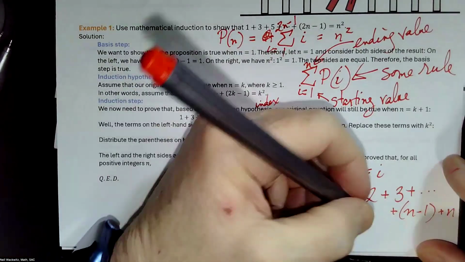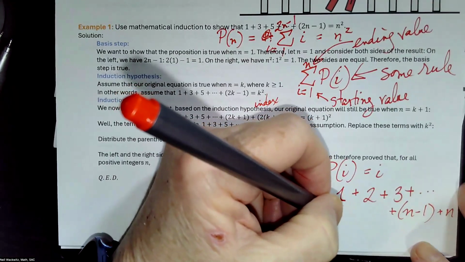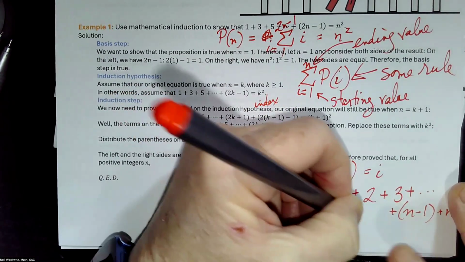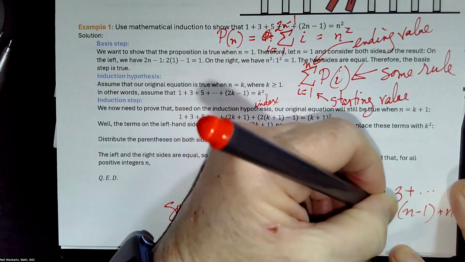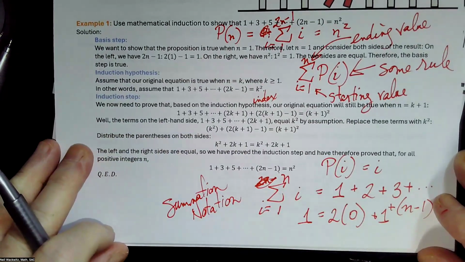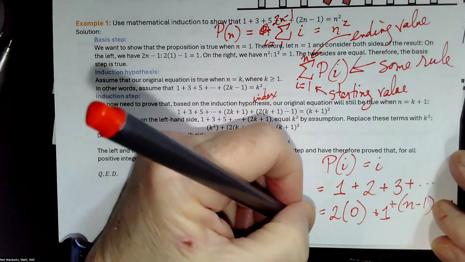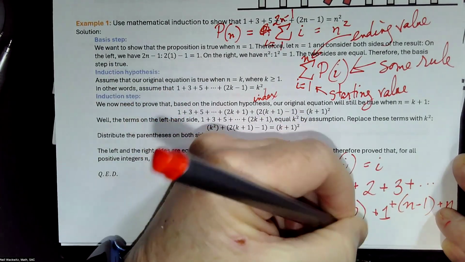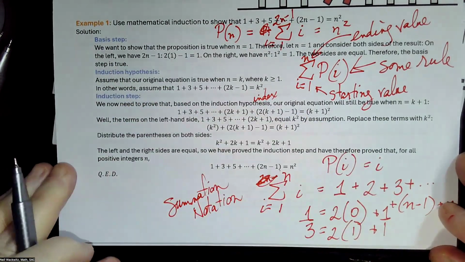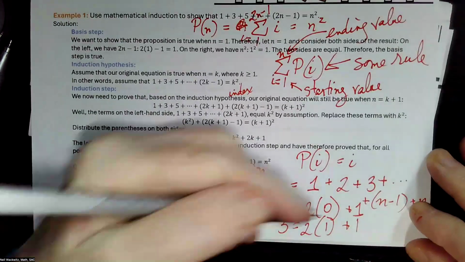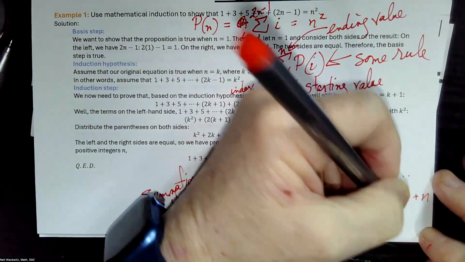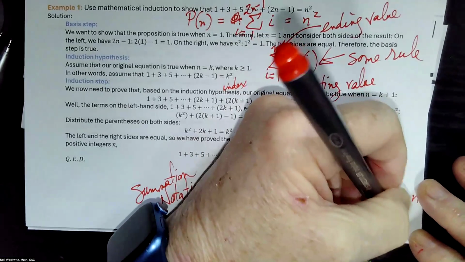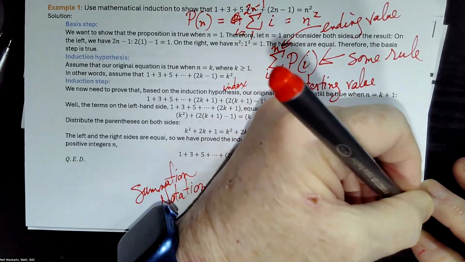So if I look at the number 1, that's the first number. I can think of 1 as 2 times 0 plus 1, and I can think of 3 as 2 times 1 plus 1, and 5 as 2 times 2 plus 1.